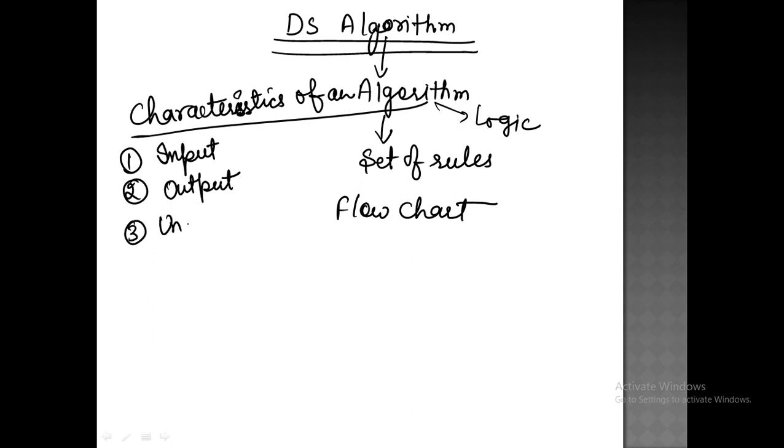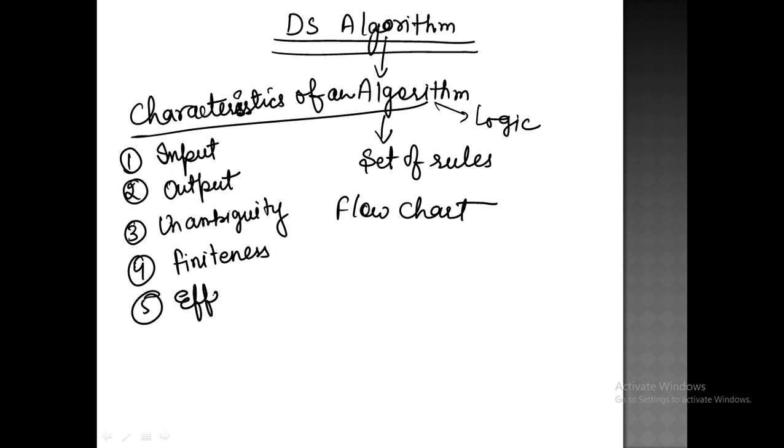Third, unambiguity. Fourth, finiteness. Fifth, effectiveness. And sixth, language independent.